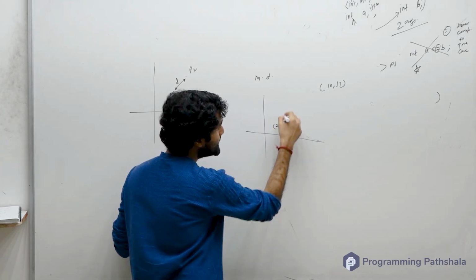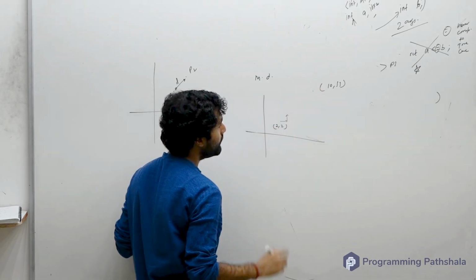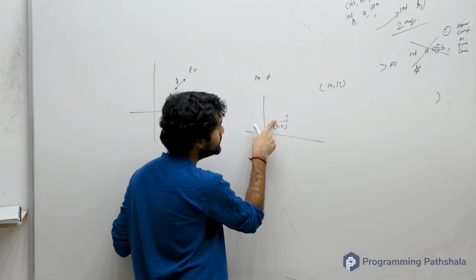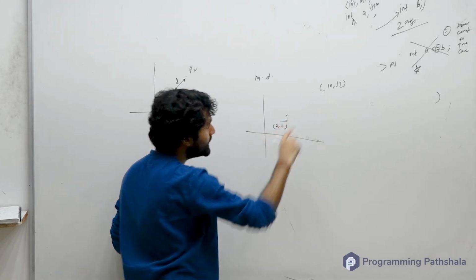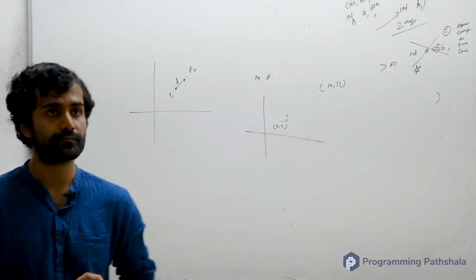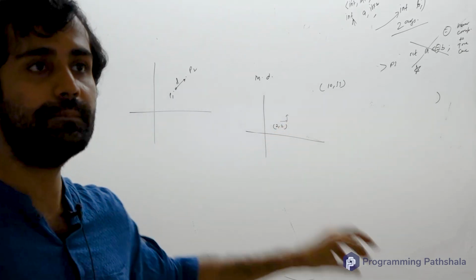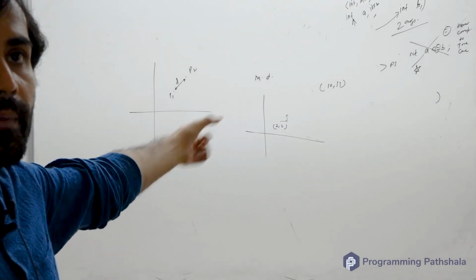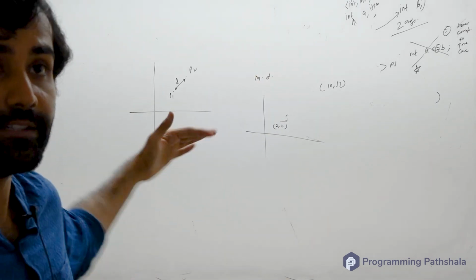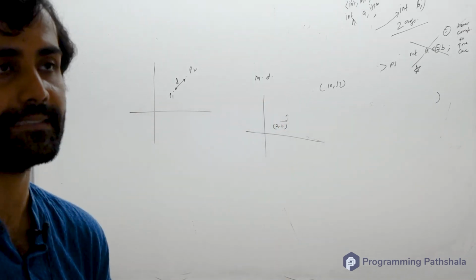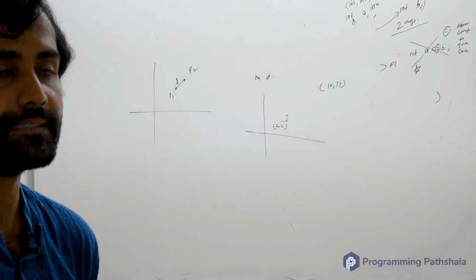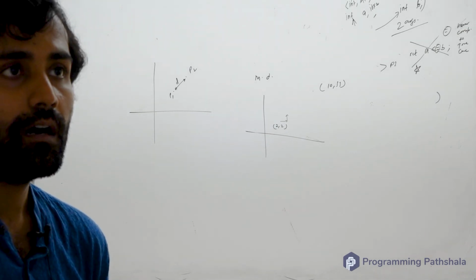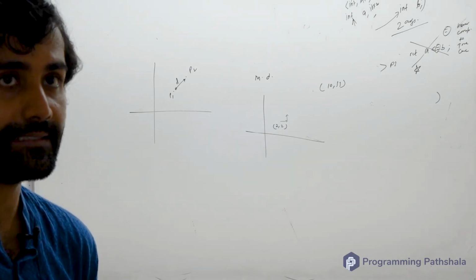Okay, so if these are the only kinds of moves that you can have, can you tell me after how many moves you can reach from here to here? After how many moves would you be able to reach from 2 comma 2 to 10 comma 11, considering that you can move only along the axis, either along x-axis or y-axis? 17.